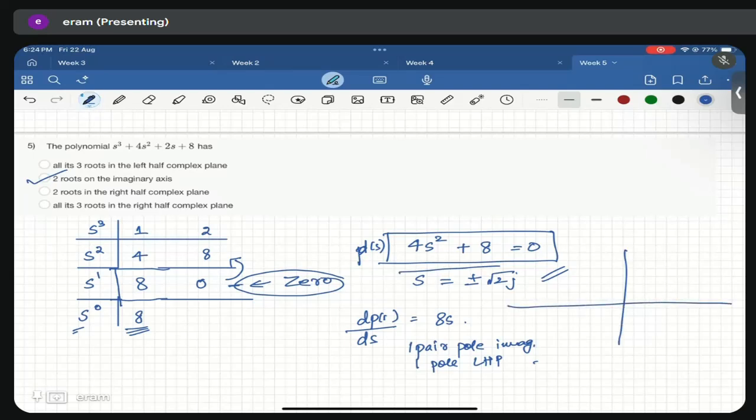One root is in the left half plane and the other 2 are at plus root 2j and minus root 2j. 2 are calculated from the all 0 row concept, and the last one we found out from the no sign change rule.